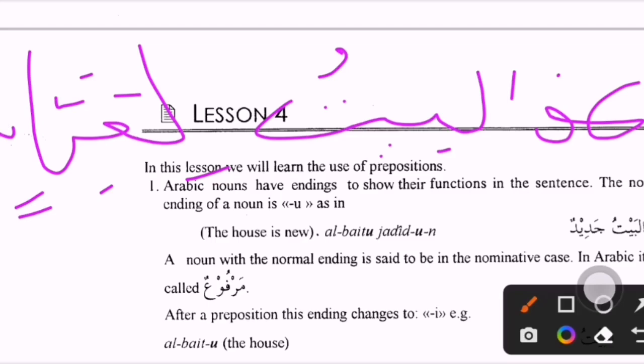Don't forget that basically our noun should end with the nominative case, rafu, and the basic symbol for rafu is damma. But when you look at the sin here, it's taking kasratan, showing that something has happened to the noun, and that is the lam which has come before it. So for possession, هذا البيت لعباس, this house is for Abbas. You should take note of this also.